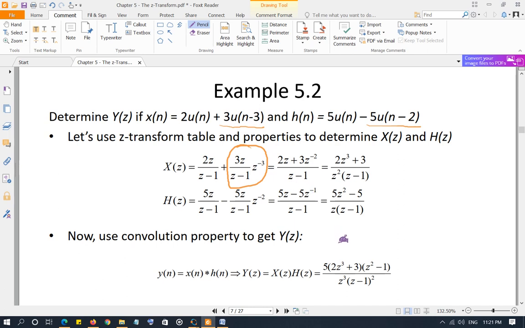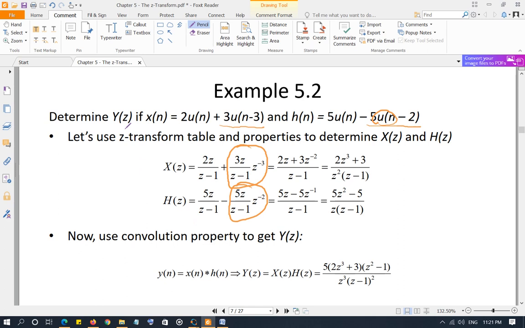So we are using the time shift property, and likewise we are using the time shift property on h of z over here. 5 u of n minus 2 becomes 5 times Z transform of u of n times z to the power negative 2, and Z transform of u of n is z over z minus 1. You will be using this very frequently, pretty much in every problem, the Z transform of step signal. So make sure you remember it's z over z minus 1.